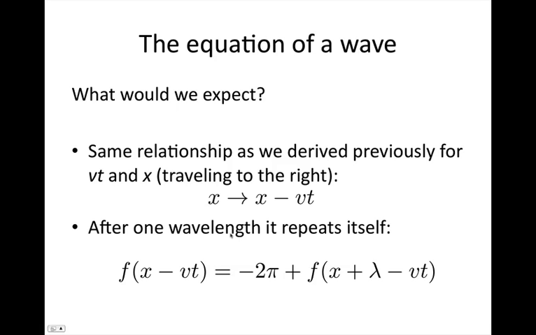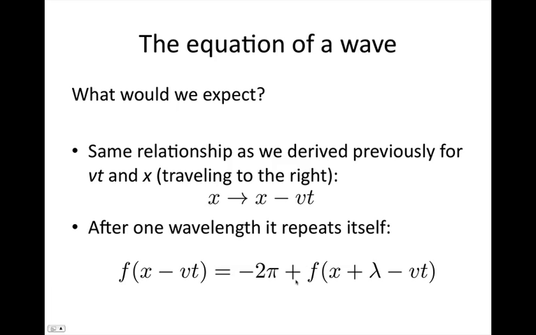We'd also expect the wave to repeat itself after one wavelength. Now, we said that the general form for a wave was a sine function. So we're going to be taking the sine of some function of x minus vt. This function, f of x minus vt, is going to give some answer in radians.